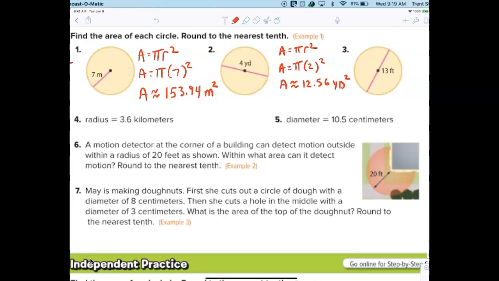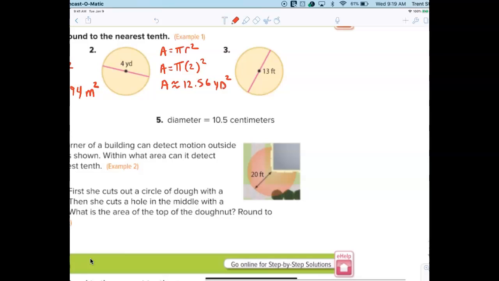Number 3. Write down the formula: A equals pi r squared. Now you've got to be careful. What's the radius? So your area is roughly 20.42?